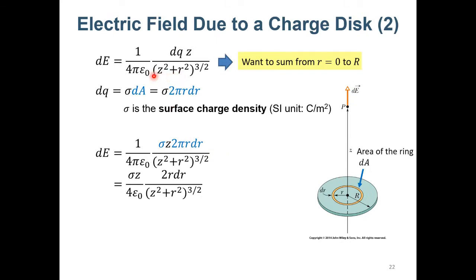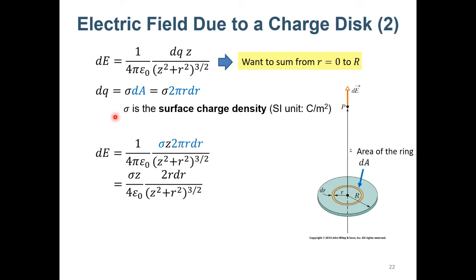So in this case, we need to really calculate what dQ is in terms of small r. Here we assume the surface charge density to be sigma. Last time we assumed the linear charge density to be lambda.